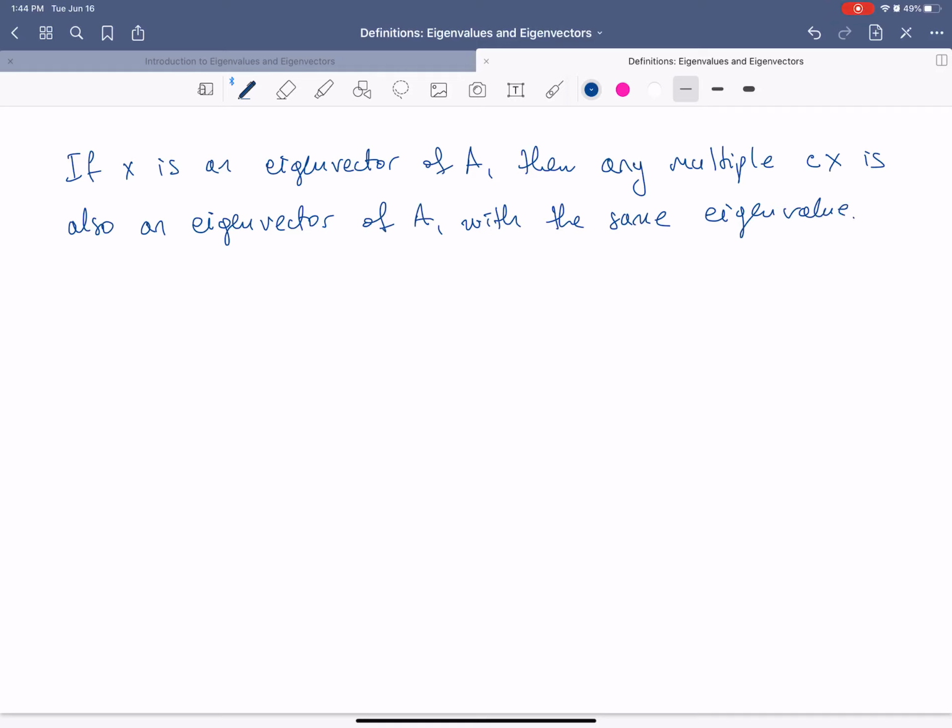This is very easy to see. If x is an eigenvector of A, it means that Ax equals lambda x for some lambda. Now, what about A times Cx? Since C is a constant, it can be pulled out to the left of this multiplication. So this equals C times Ax. Now, since Ax equals lambda x, we have C times lambda x. Now I can change the order of C and lambda and write lambda times Cx.